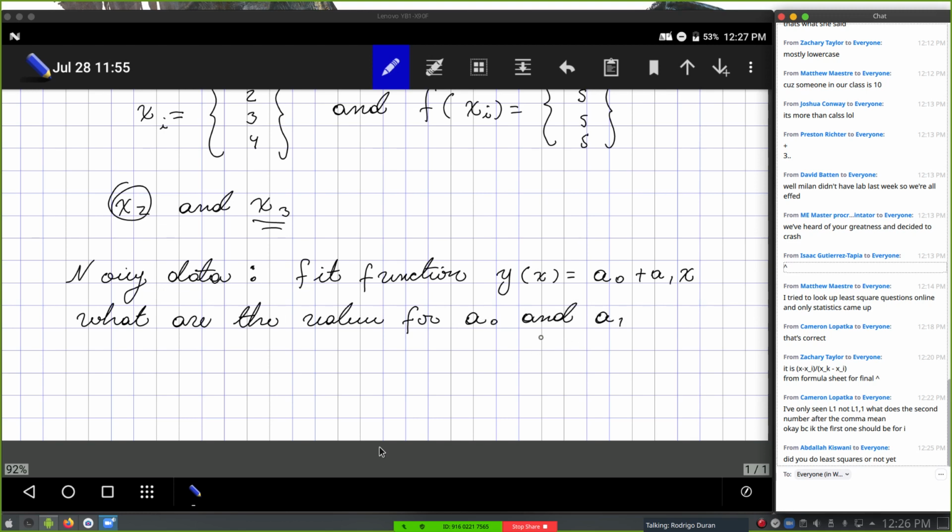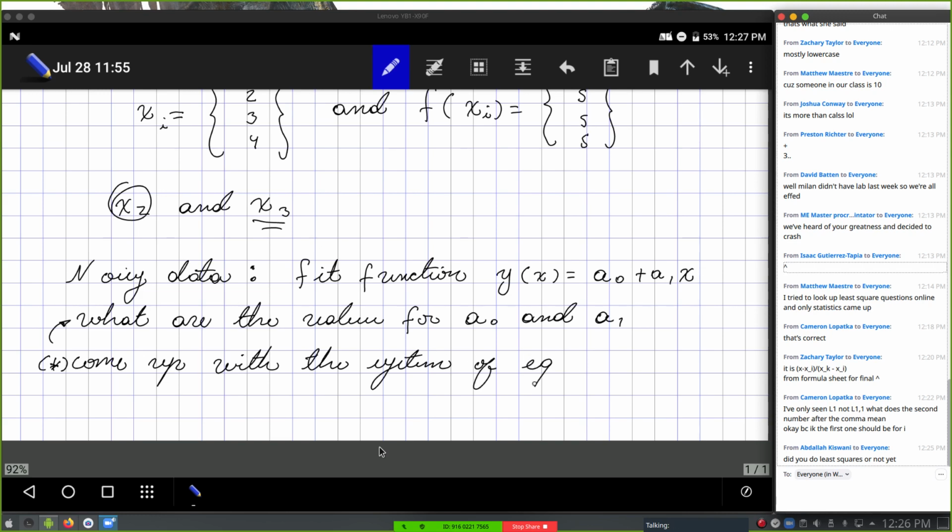But most importantly, they're going to ask you to come up with the set of equations. This will come first, and then from this you find the second one. You have to come up with the system of equations.